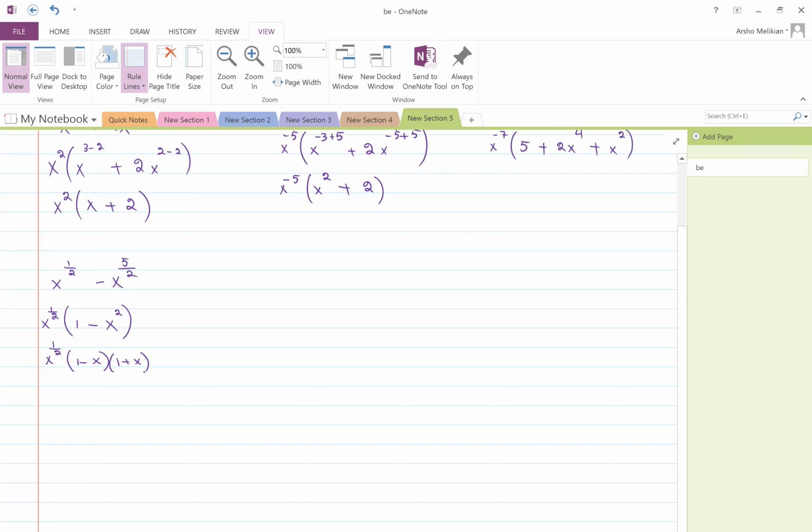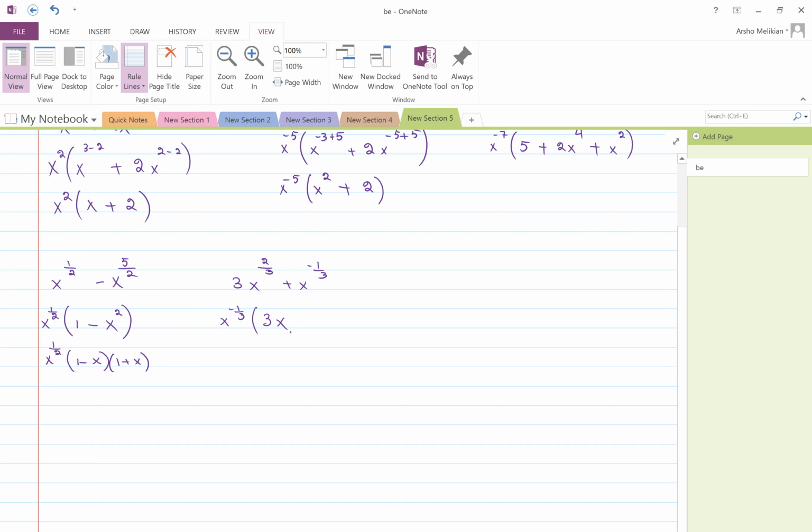Okay? All right, so let's do another one here. So 3x to the power of 2/3 plus x to the negative 1/3. All right, so what are we going to take out? Negative 1/3. So we have 3x to the what?